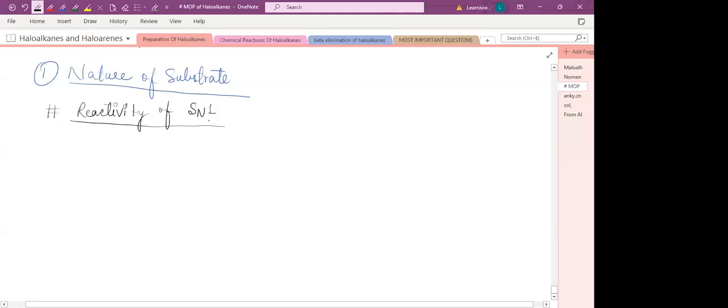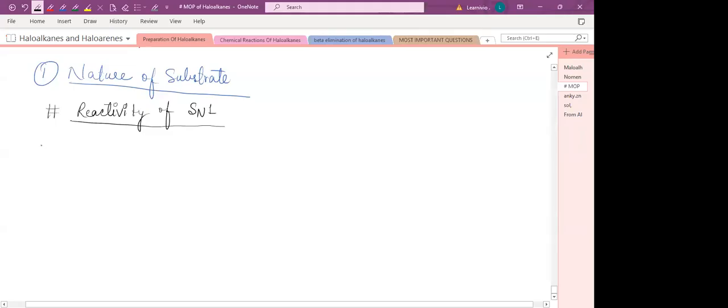So we know that the SN1 reaction occurs via intermediate carbocation, right? And we have discussed that rate of SN1 reaction is directly proportional to the stability of carbocation, right? And we know that 3-degree carbocation is more stable than 2-degree than 1-degree. So the rate of SN1 reaction will be faster in the 3-degree than 2-degree, and rarely in some conditions it happens in the 1-degree also, right?